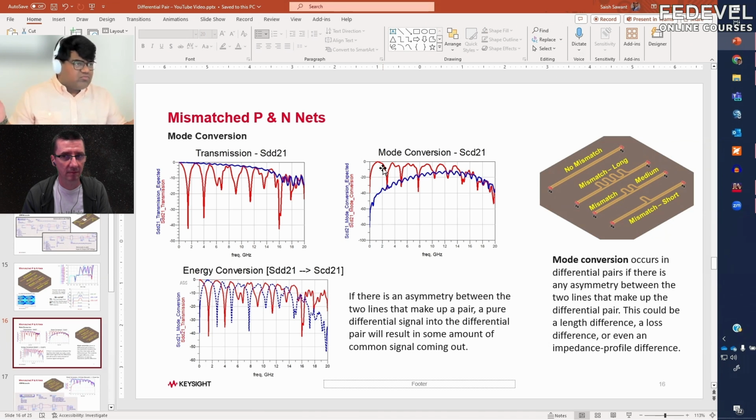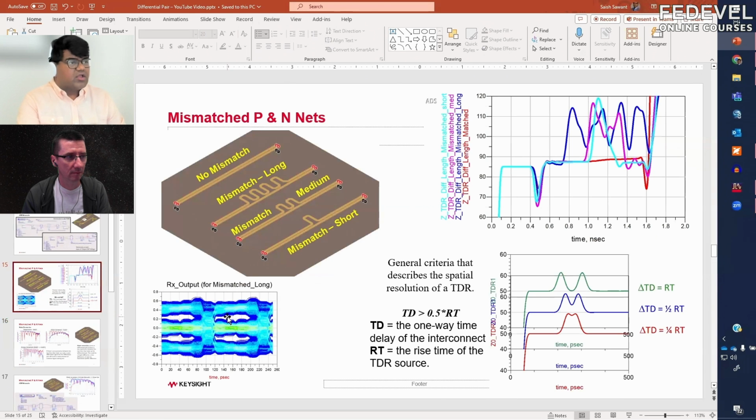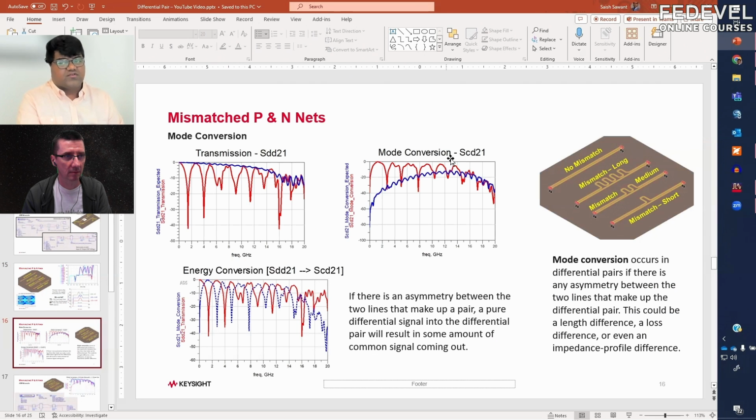So the energy got lost, or that information got lost. So you'll not have a good transmission, and that's why you will see this collapsed eye. That's why your eye got collapsed in the receiver, because for those frequencies you have a collapsed eye. So yes, you are correct, it's of no use at those frequencies.